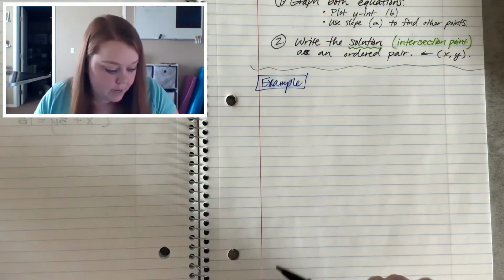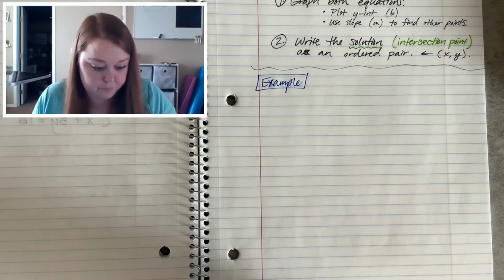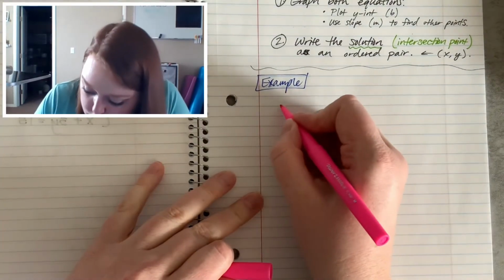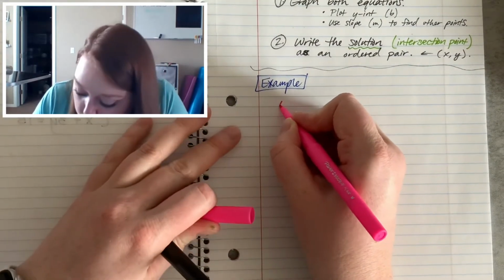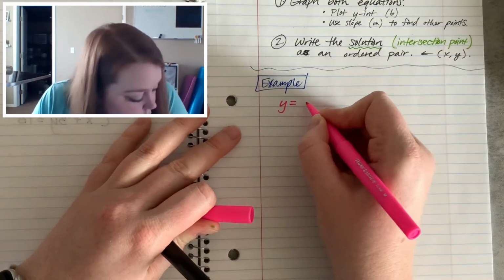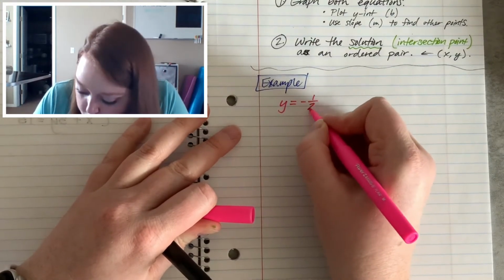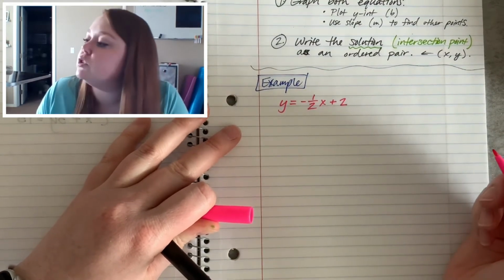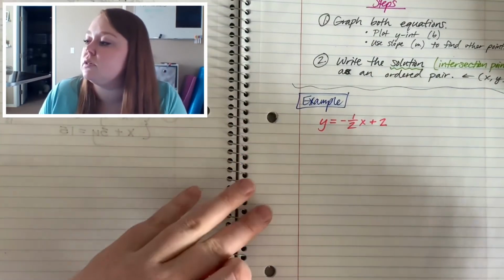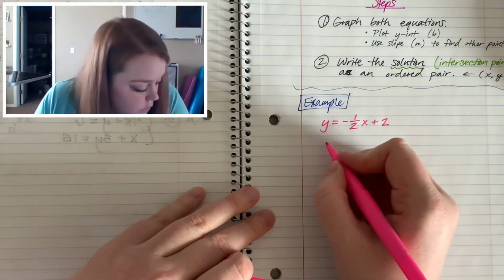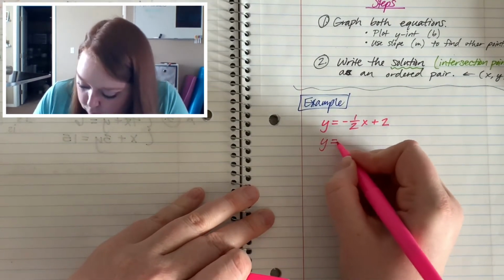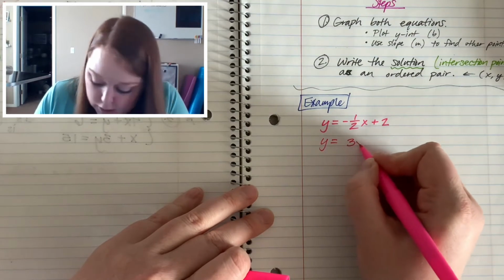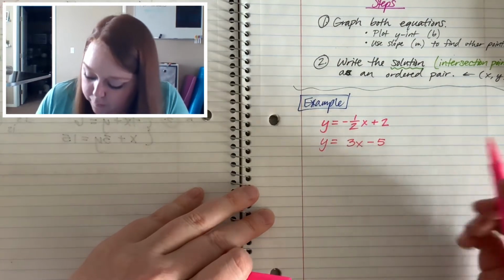Okay, so obviously we have to have a system going on here. So here is your system. First equation, y equals -1/2 x plus 2. So that's the first equation in the system. The second equation is y equals 3x minus 5.